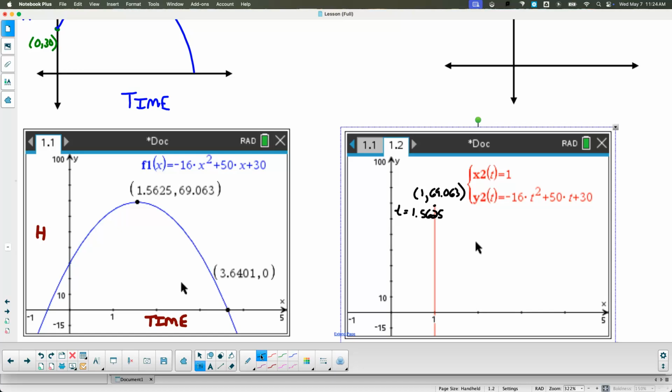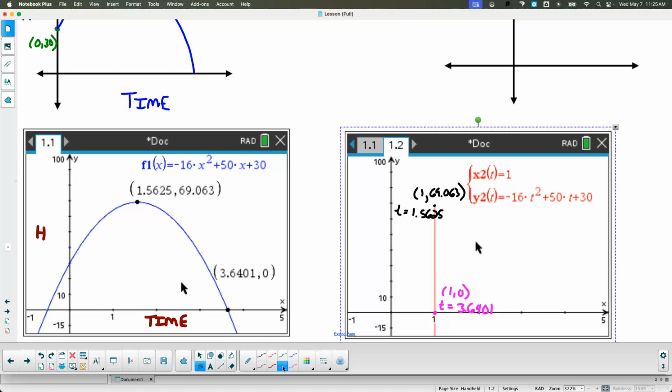We know that this point down here is the point 1, 0, and that is a t-value of 3.6401. We know both of those based off of graphing just the function of the height. Okay? Questions on that?